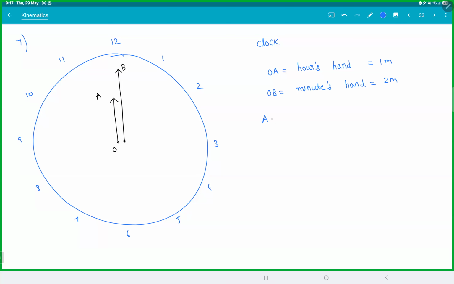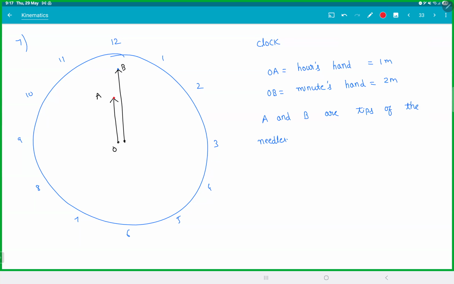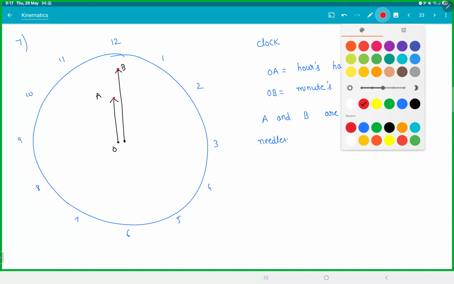So A and B are tips of the needles, the tip of that arrow.